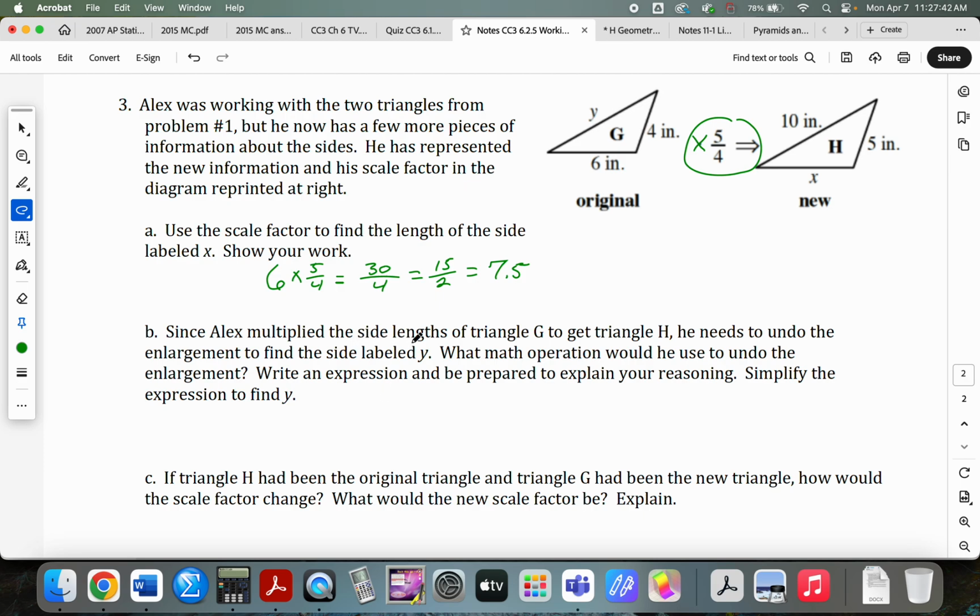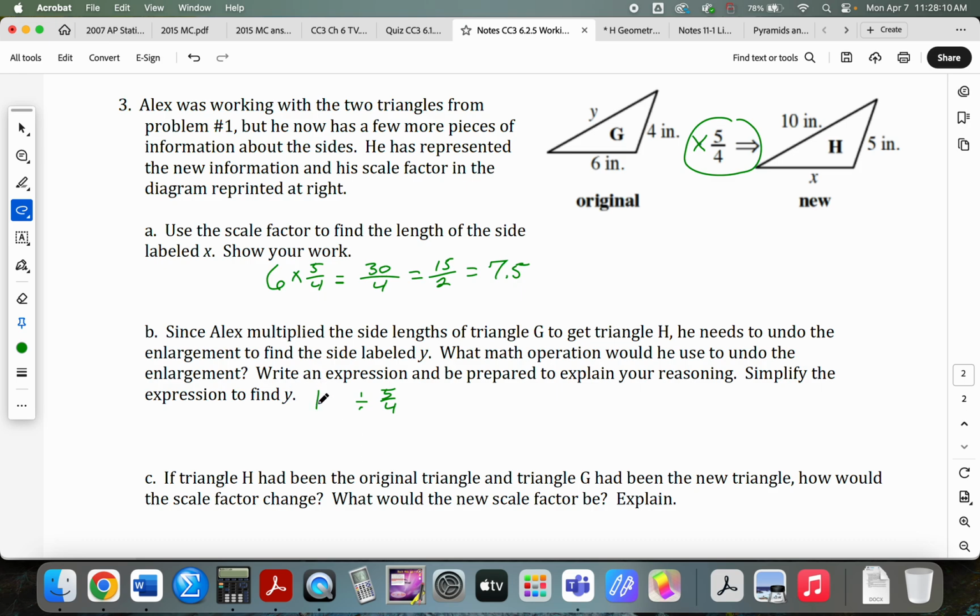All right, since Alex multiplied side lengths of triangle G to get triangle H, he needs to undo the enlargement to get the side labeled Y. So we're now going this direction. What operation would he do to undo the enlargement? Yeah. He would need to divide by 5/4.